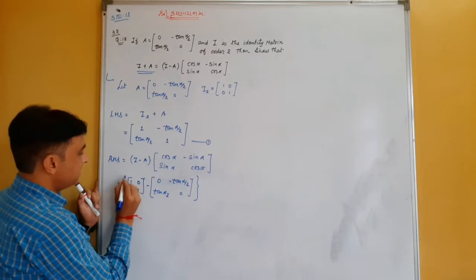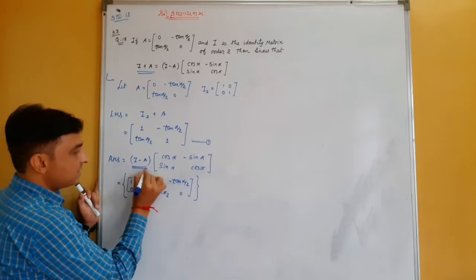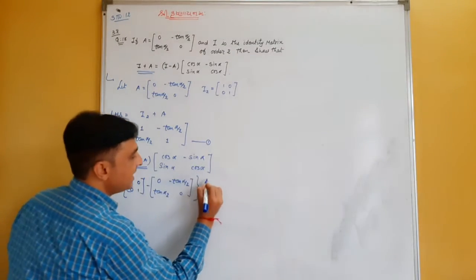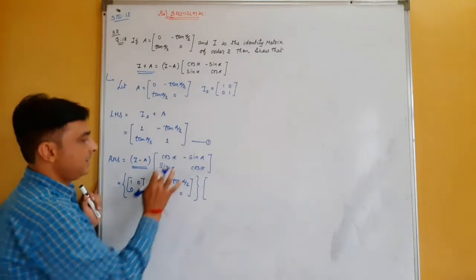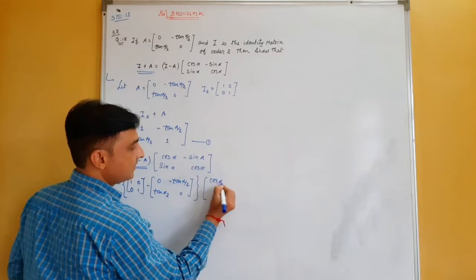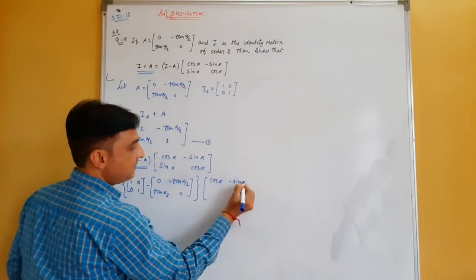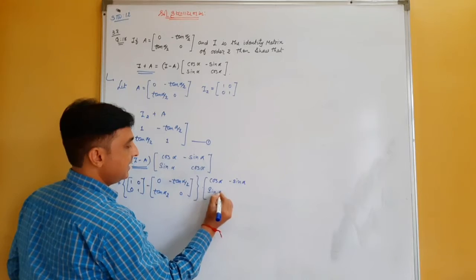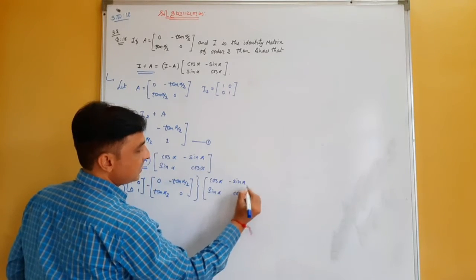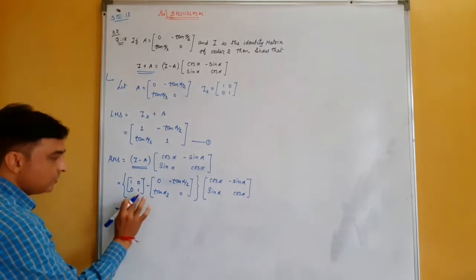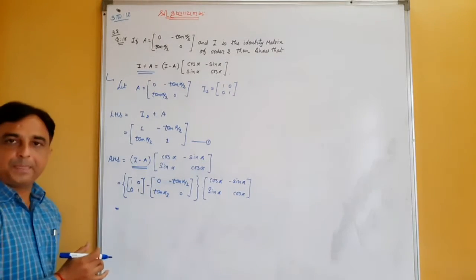This is I minus A into this matrix as it is, cos alpha, minus sin alpha, sin alpha and cos alpha. Now simplify this one.